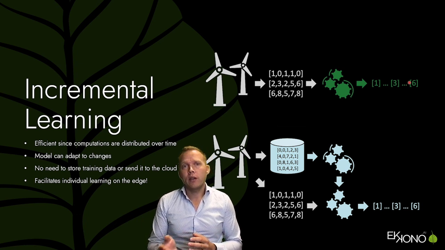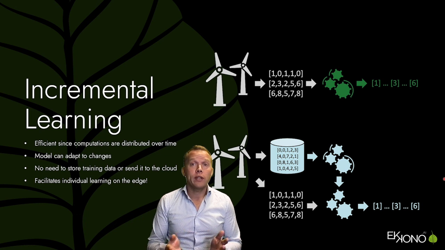But on the other hand, we can start making rough predictions directly based on what we know so far and continuously learn and improve the model along the way. At the same time, the computations are distributed over time, which avoids computational bottlenecks. For this reason, incremental learning is really the key to edge machine learning if we're going to learn on the device and not just do inference.